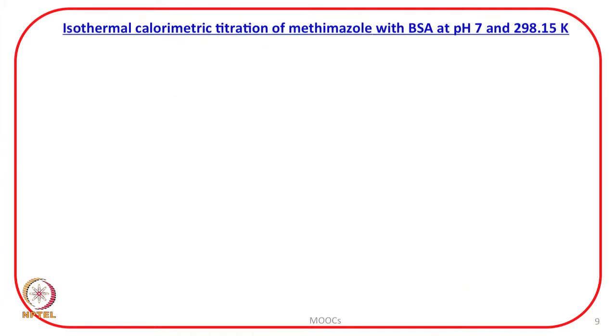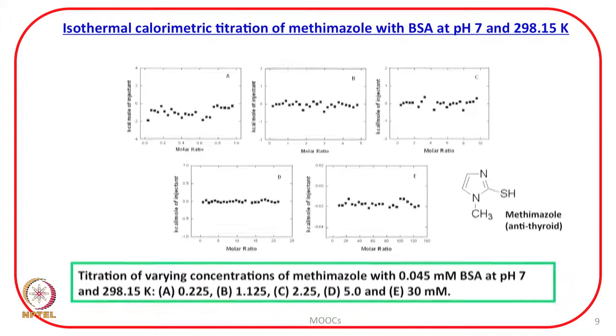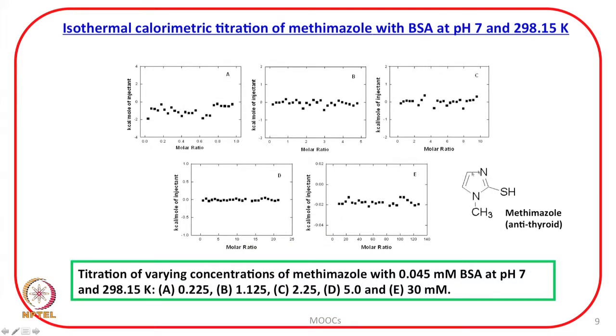Now, let us take a look at the third drug, methimazole. The isothermal titration calorimetric profiles of the interaction of methimazole, which is an antithyroid drug, did not show any cooperative change in the heat profile.